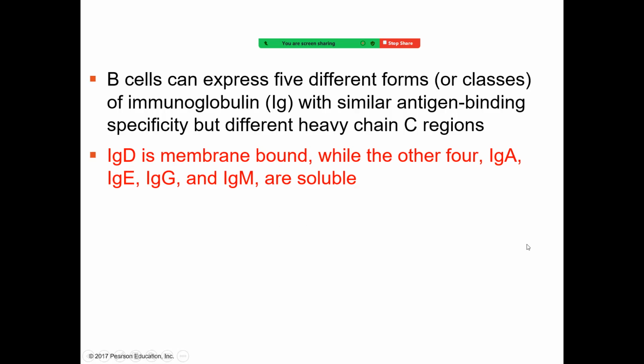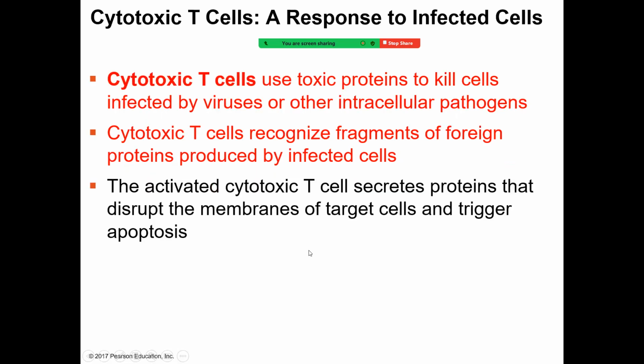The other 4 are soluble: IgA, IgE, IgG, IgM. A nice question might be, which of these is not a particular type of immunoglobulin? So these are the 5 examples of the specific types of antibodies that are produced by our B cells.